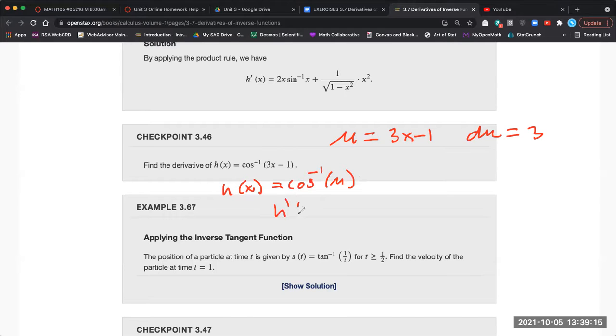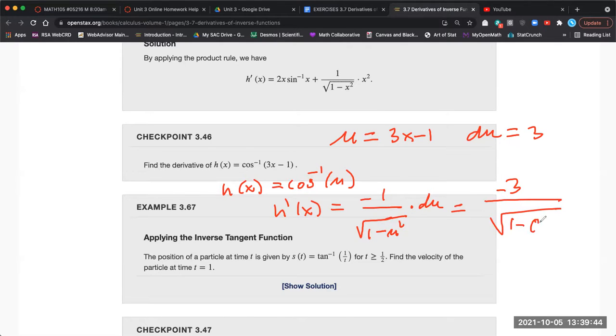And so we now know h prime of x is equal to the derivative of this, which is -1 over the square root of 1 minus u squared, times the derivative of u. And so in this case, that leaves us 3 times -1, -3 over the square root of 1 minus (3x minus 1) squared. And then that would be your derivative there.